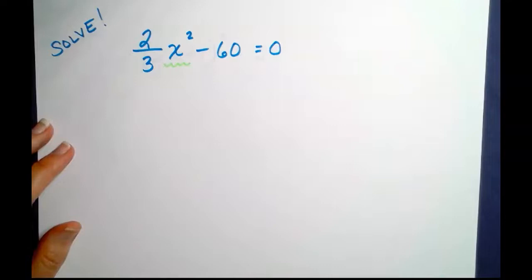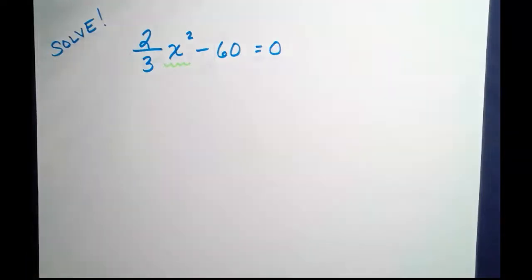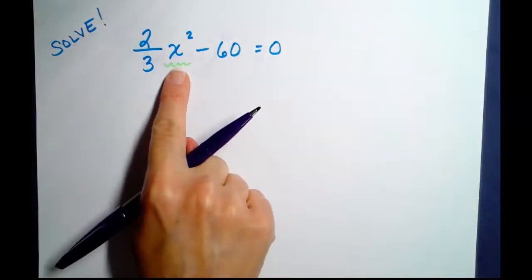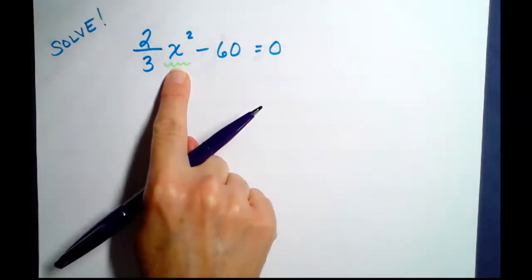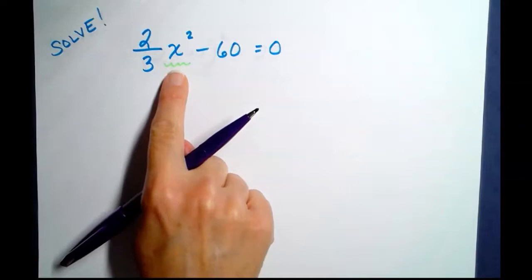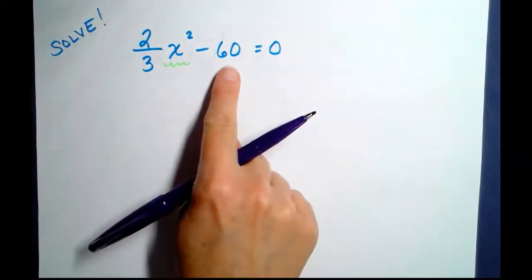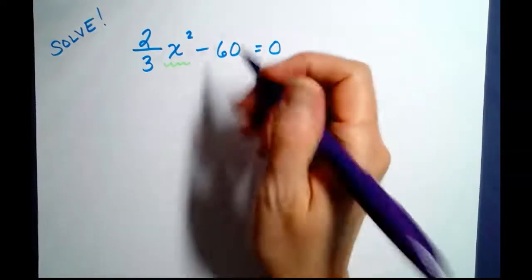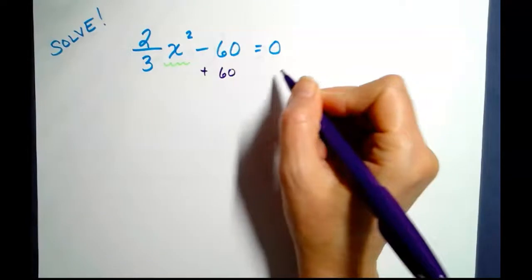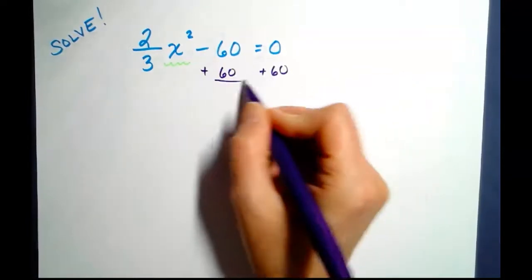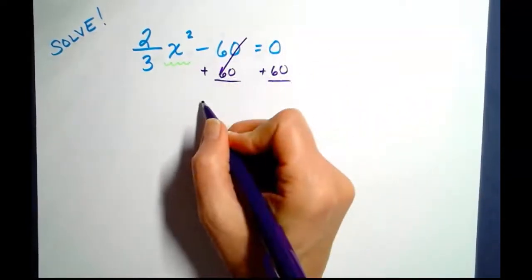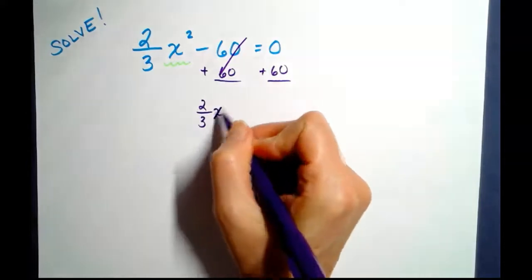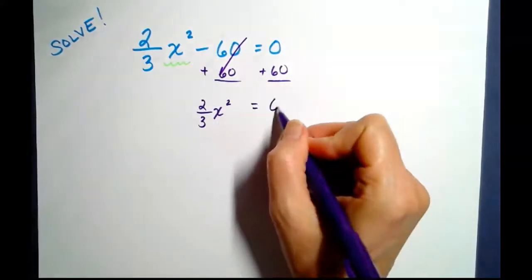Next example, still solving, still using inverse operations, still first isolating the squared term. The squared term here is x squared. So we need to undo a minus 60. The inverse operation of subtraction is addition. So we can add 60 to both sides and get 2/3 x squared equals 60.